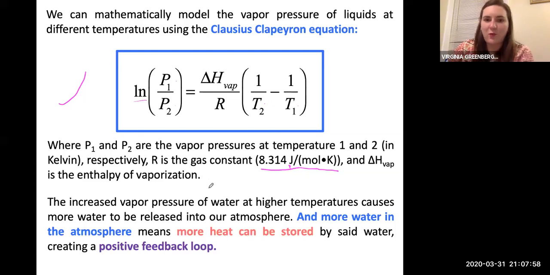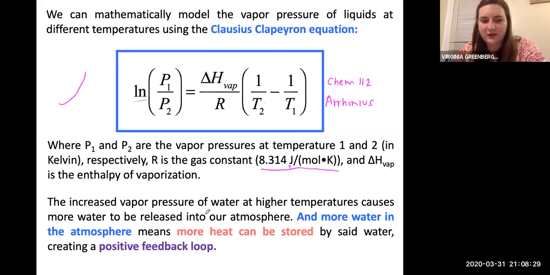And in Chem 110, we won't expect you to be able to plug into this. We'll let you wait until Chem 112 to actually use this equation mathematically. Okay. And it is a form of what we call the Arrhenius equation, which is one of the most important equations that we see kind of throughout all of science, really trying to understand what makes different processes happen from an energetic standpoint.